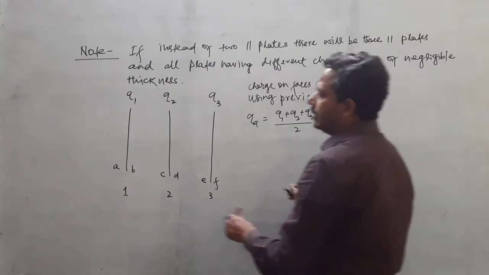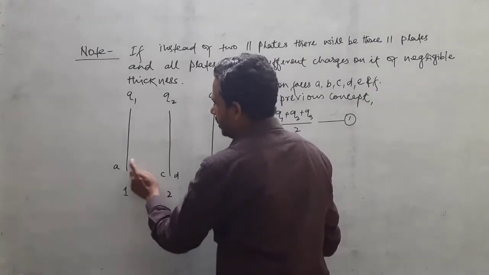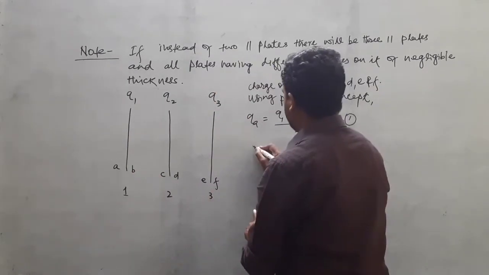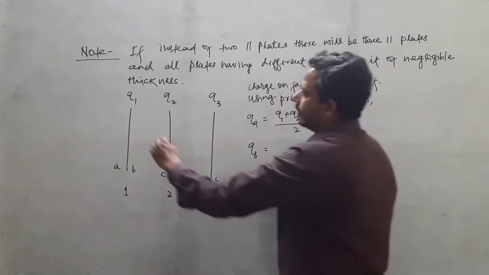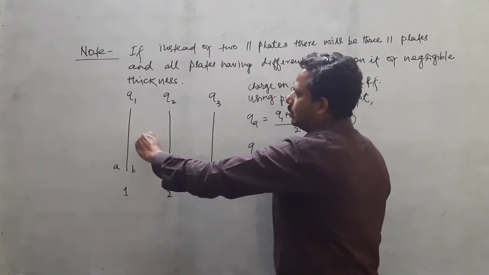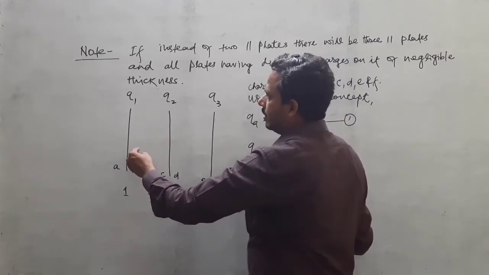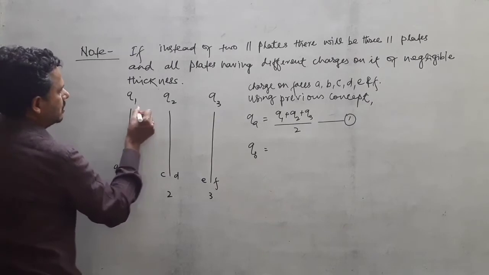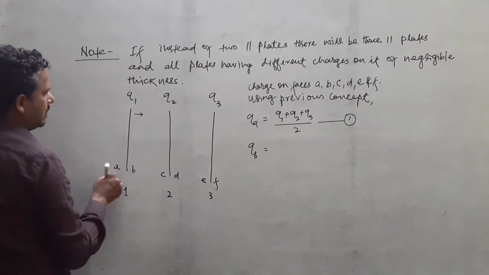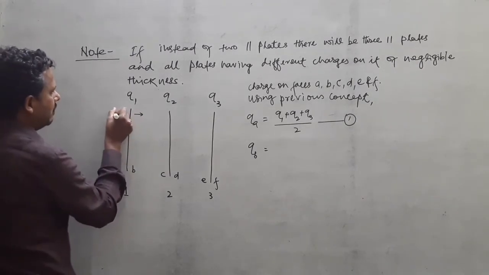If you wanted to find the charge on this face, then QB. See here, you have to take this direction. On this face B, your electric field lines are in this direction. For this one, your electric field lines will be in this direction.